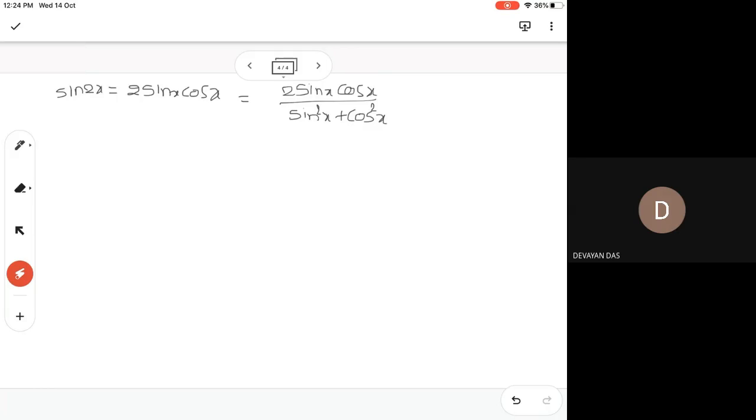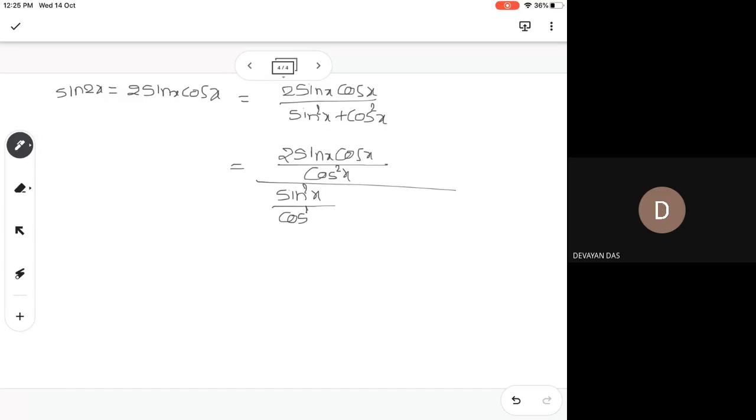So in the numerator and denominator you divide by cos square x. Then sin square x by cos square x becomes tan square x, and cos square x by cos square x becomes 1. Numerator: 2 sin x cos x by cos square x gives 2 tan x.